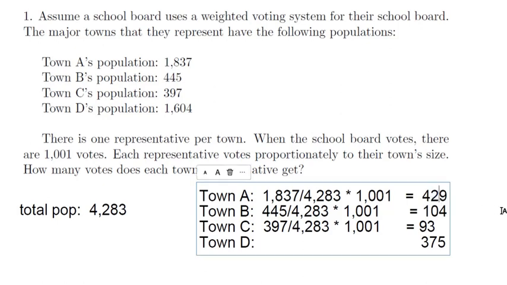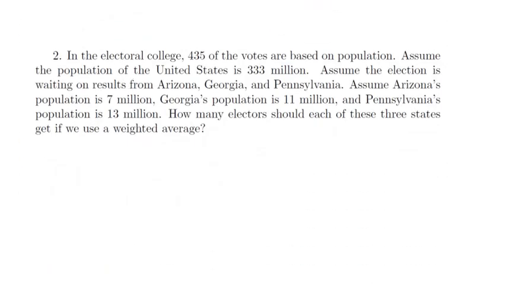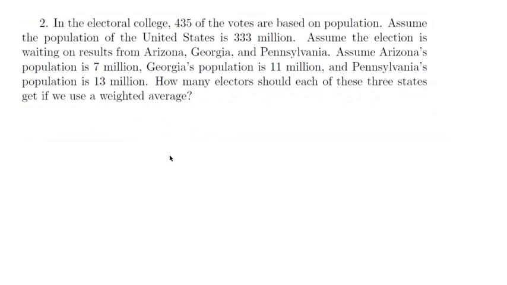But if Town A had like 502 votes, and all the other towns still added up to 1,001, then Town A would be a dictator, and they could just say whatever I want goes because their vote outweighs everybody else. Town A has to have somebody else vote with them, some other town representative, if they're going to pass the 50% cutoff.